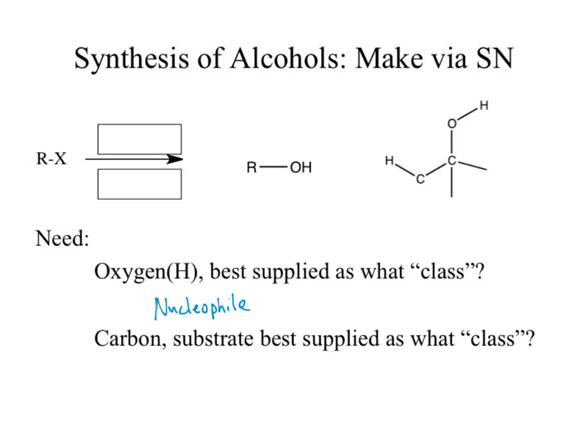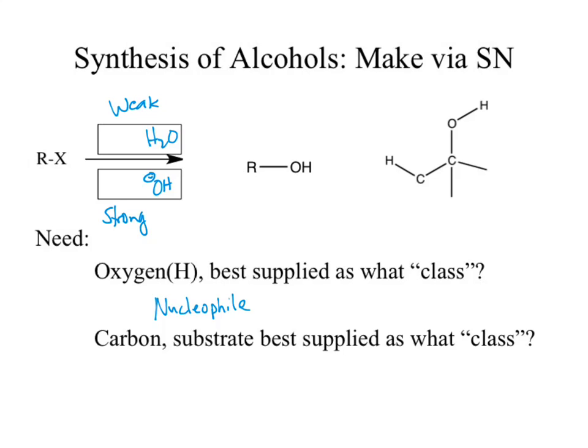What's a good weak nucleophile that can supply OH? H2O. What if we want it to be a strong nucleophile? Now it needs to be a negative oxygen. We'll go in with our OH minus or NaOH.